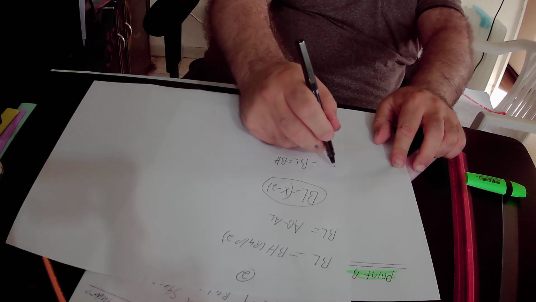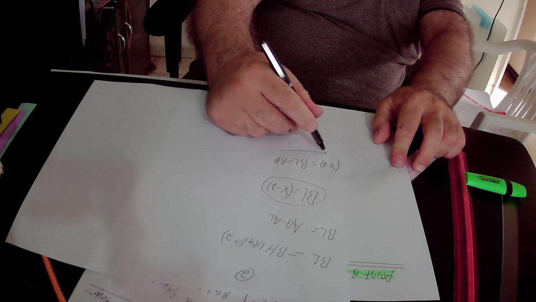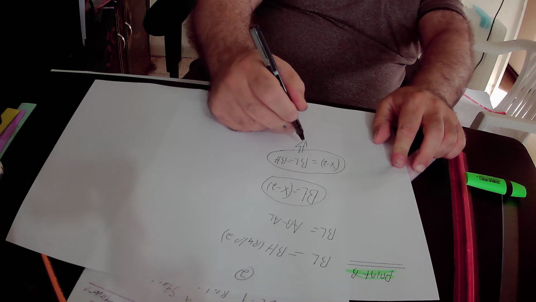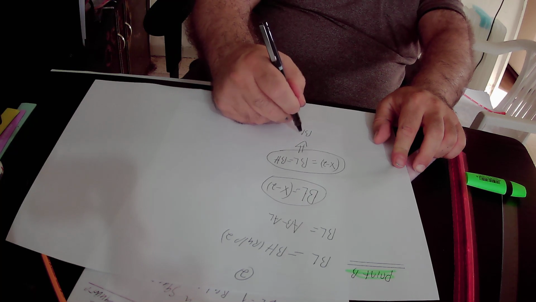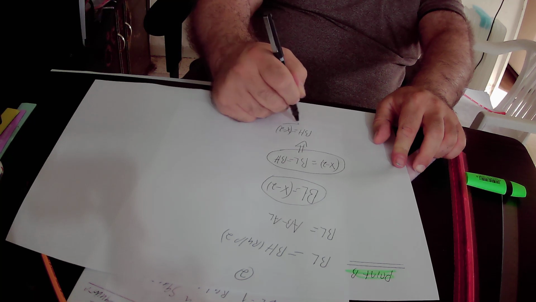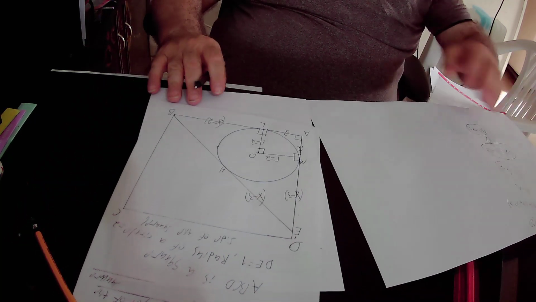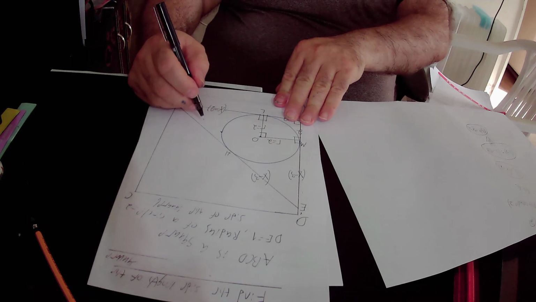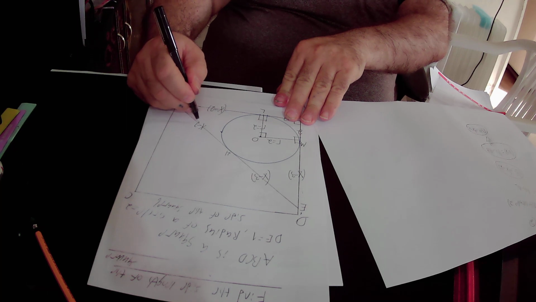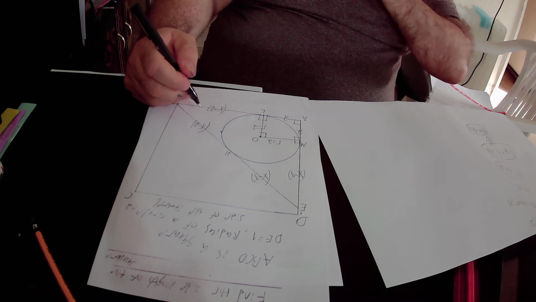From this equation, x minus 2 equals BL equals BH, we derive that BH is also equal to x minus 2. So here, BH equals x minus 2.